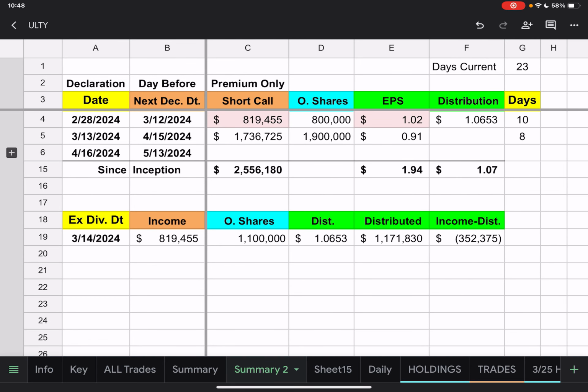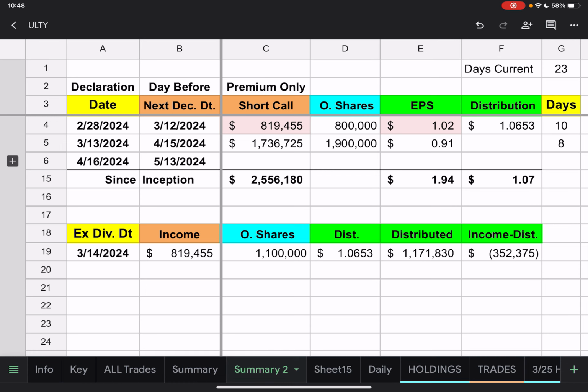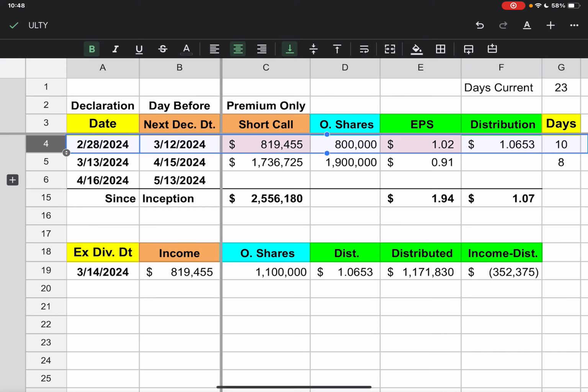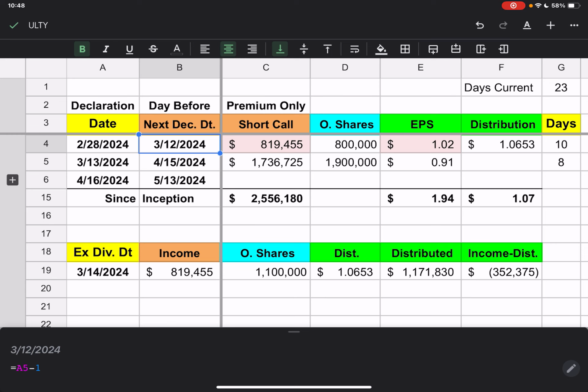I made changes, but I guess it was the changes to the Yieldmax one. So here, what I've done is a roll up. You see here, the first line would have been, okay, start to the declaration date and how much I had in my spreadsheet.